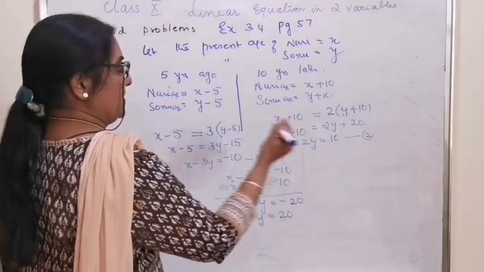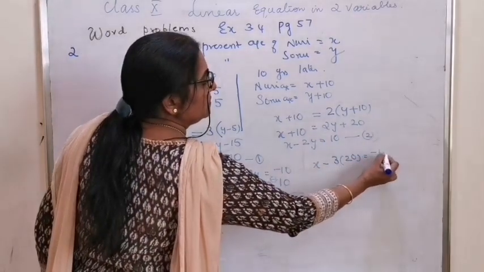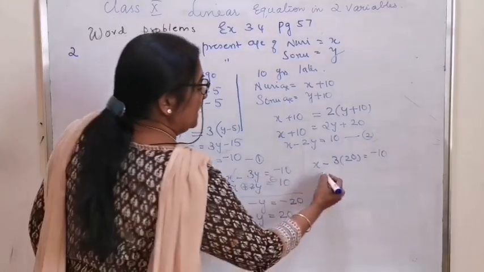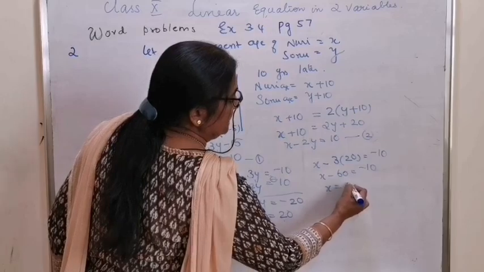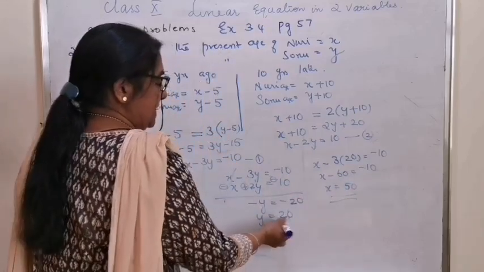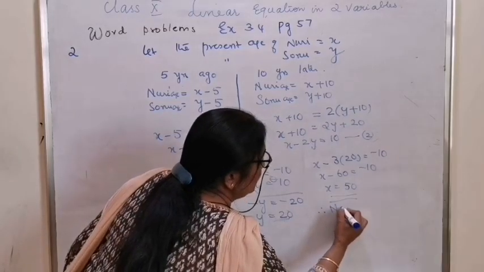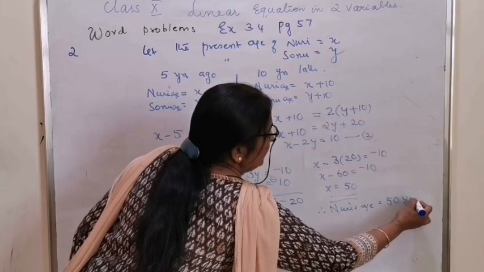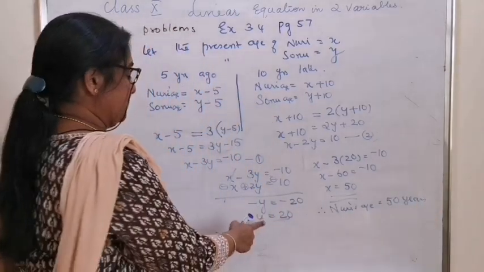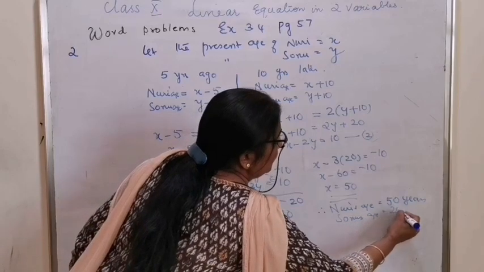Substituting in one of the equations, x minus 3 into 20 is equal to minus 10. X minus 60 is equal to minus 10, or x is equal to 50. Therefore, rewrite the statements. Nuri's age is equal to 50 years and Sonu's age is equal to 20 years.